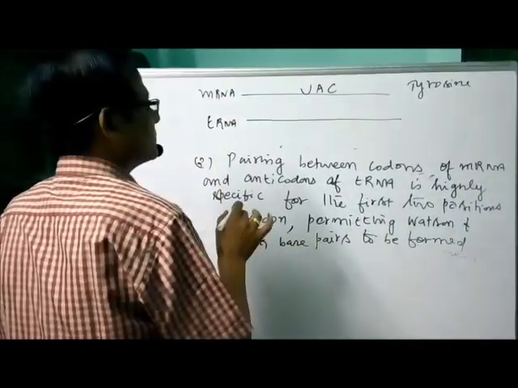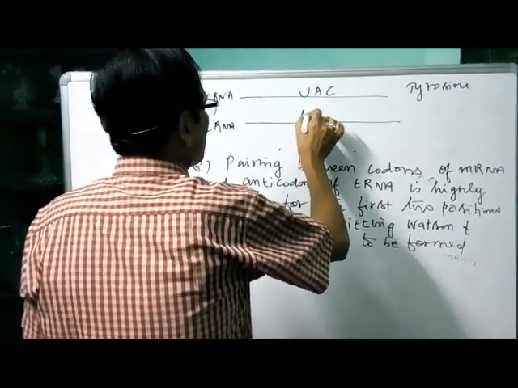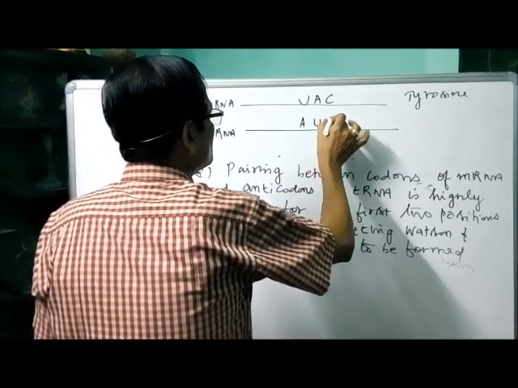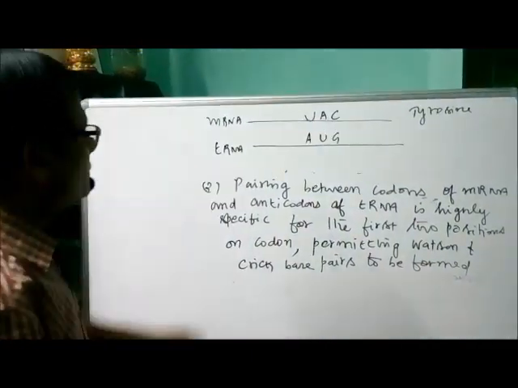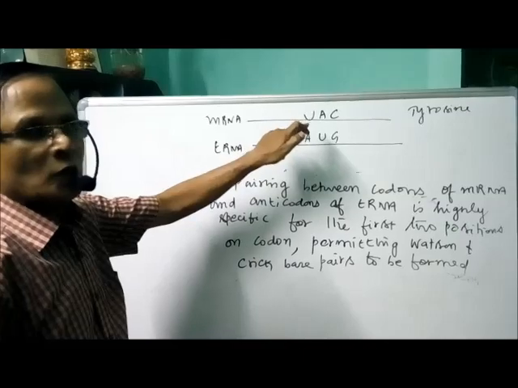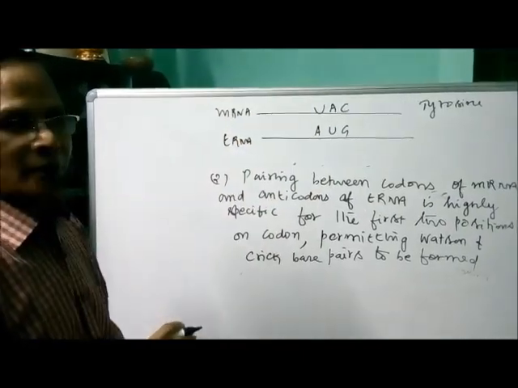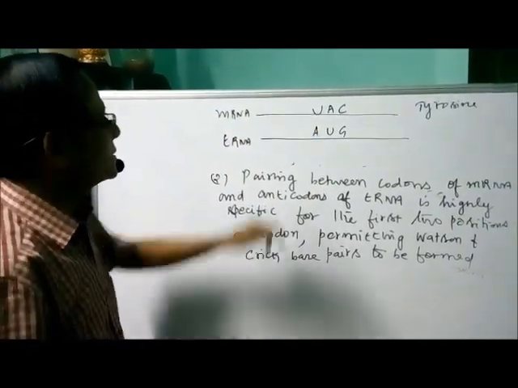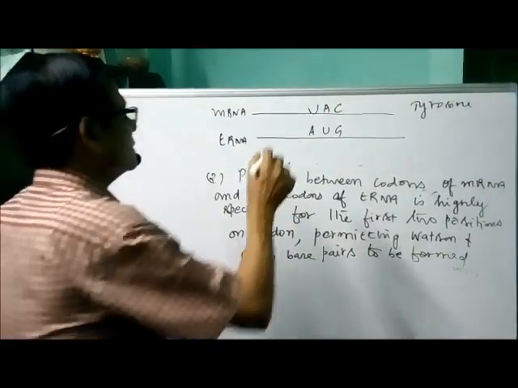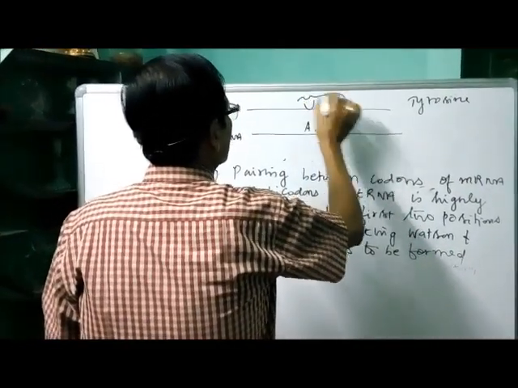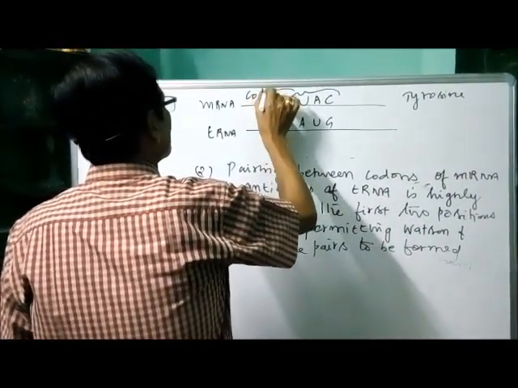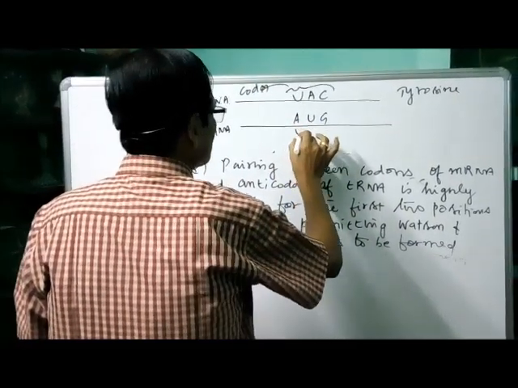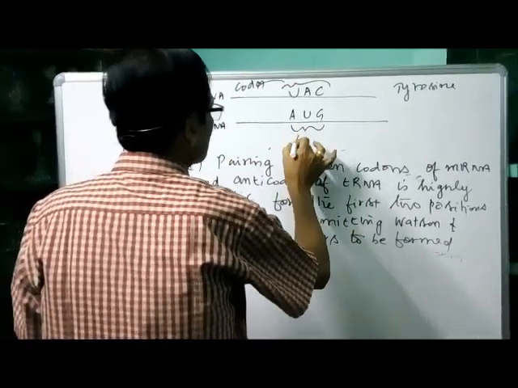This is tRNA: A, U, G. So this is what is called the codon carried by mRNA, a set of 3 nucleotides carried by mRNA. A set of 3 nucleotides carried by tRNA is called the anticodon.